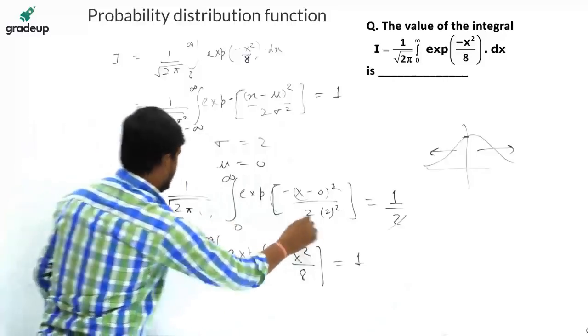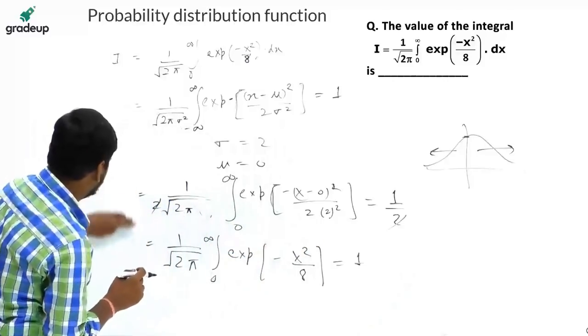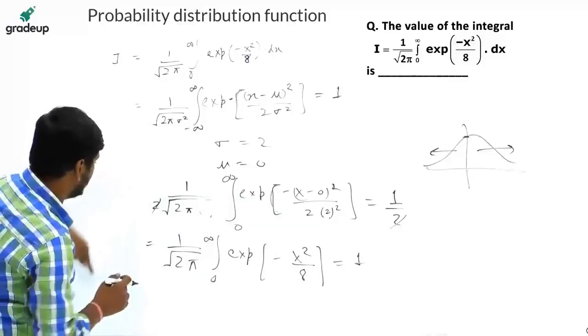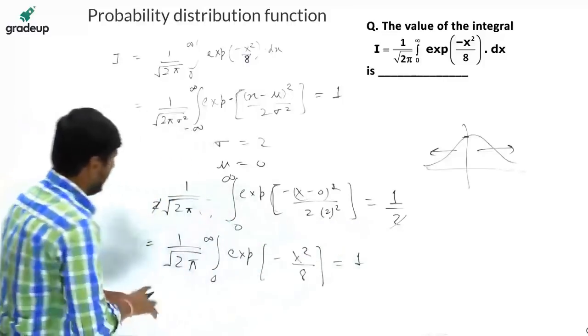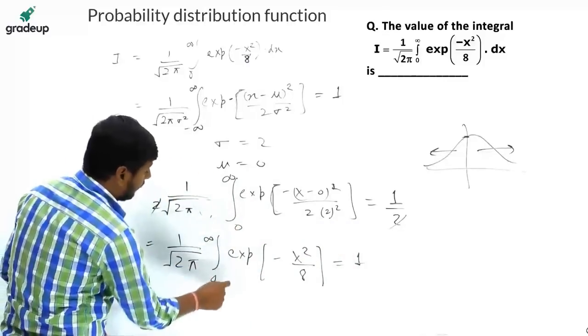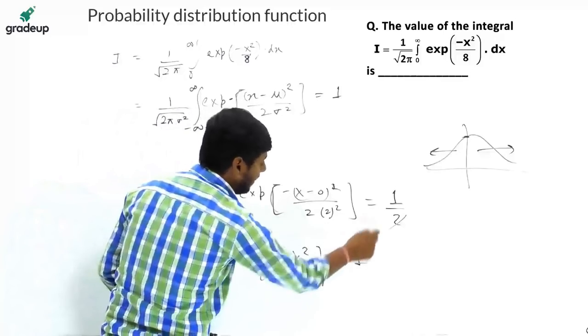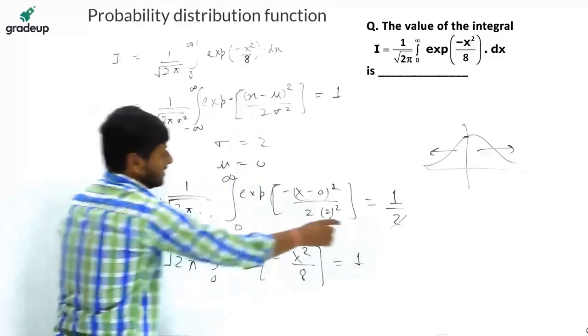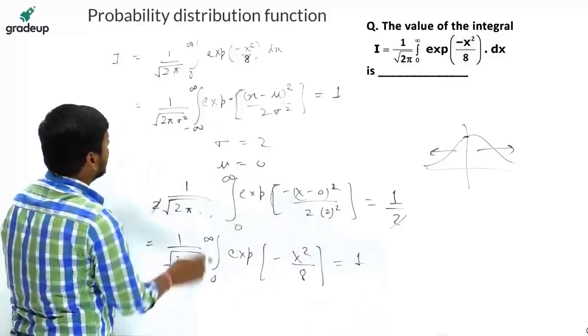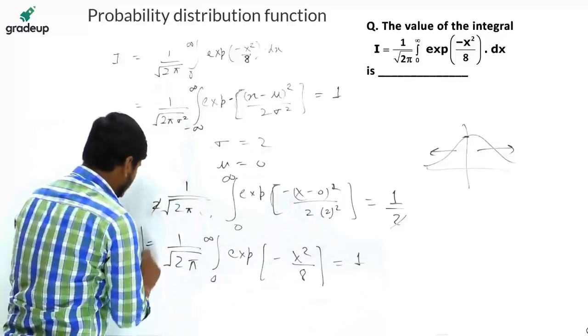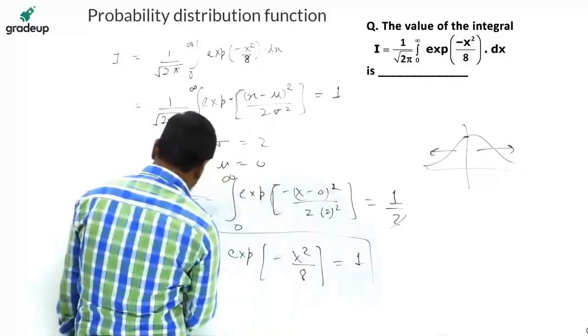I have written down this step, but this will confuse you. Leave it. Just compare this: 1 divided by under root 2 pi, 0 to infinite exponential minus x square divided by 8 is equal to 1, because 2 gets cancelled with 2, we get 1, and this was asked in the question only. So the answer is equal to 1.